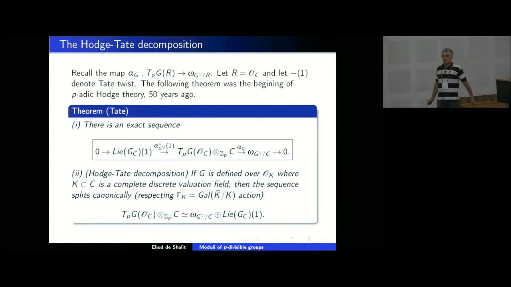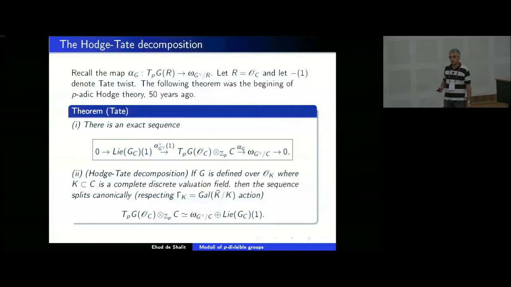The second thing that goes under the name Hodge-Tate decomposition strengthens this and says that if G is defined over O_K, where K is a complete discrete valuation field, a finite extension of Q_p, then the sequence splits canonically in a way that respects the action of the absolute Galois group of K. So you can write T_pG tensor C as omega direct sum with the Lie algebra.